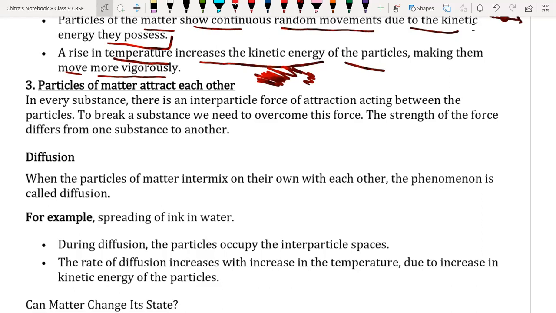So according to that statement given by Newton, all particles, if they have mass, will attract each other. Understood, everyone?